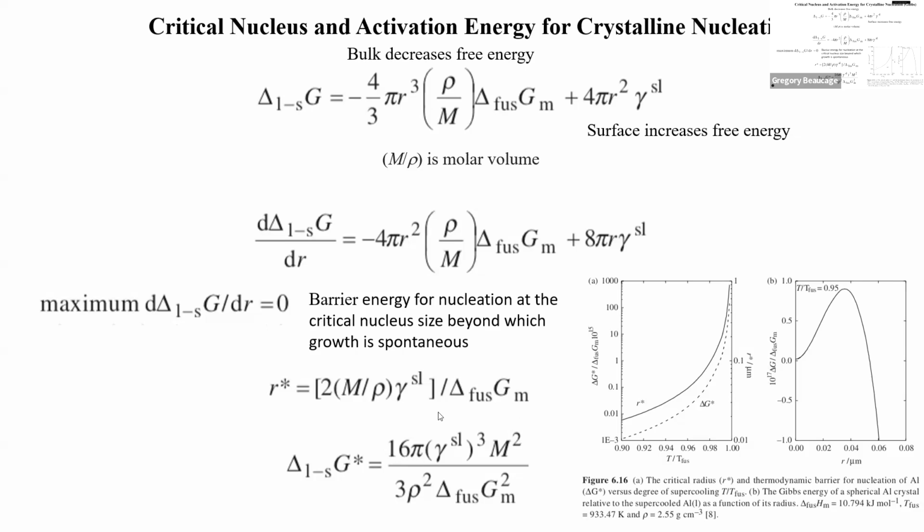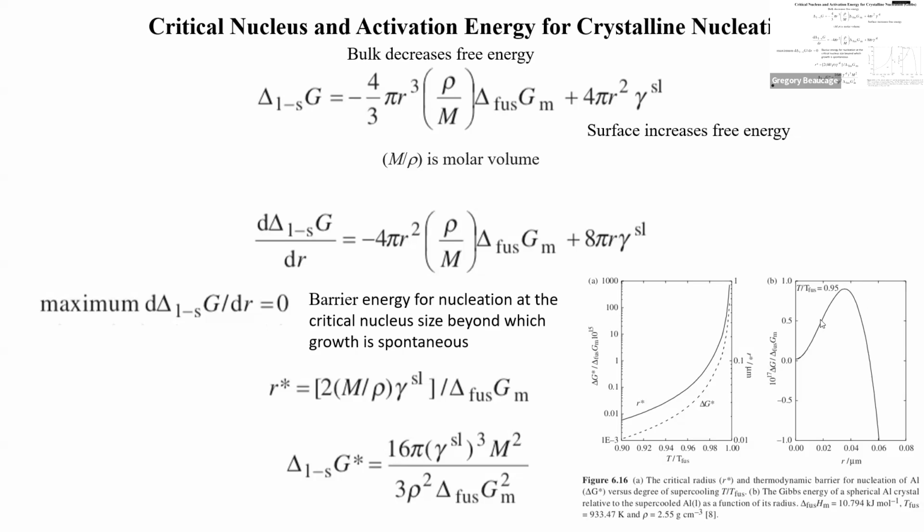Okay, so that would be the size of a phase at the maximum in the free energy. So it's called a free energy barrier. So if you make particles larger than that, every time you grow the particle, the free energy drops.